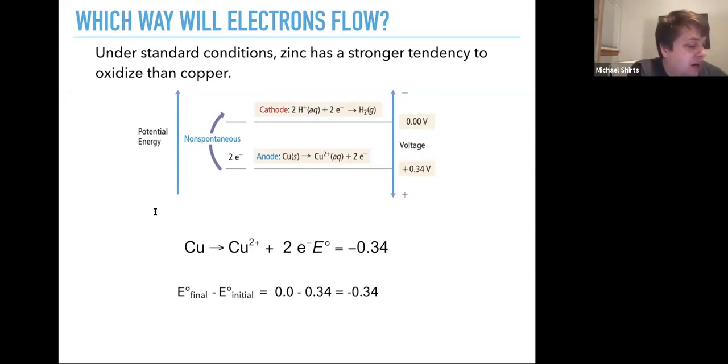It doesn't want to happen. You have a non-spontaneous reaction with the electrons going from copper, where they're relatively happy, to move on to the H2. So this is a non-spontaneous reaction. It has a cell potential of minus 0.34.